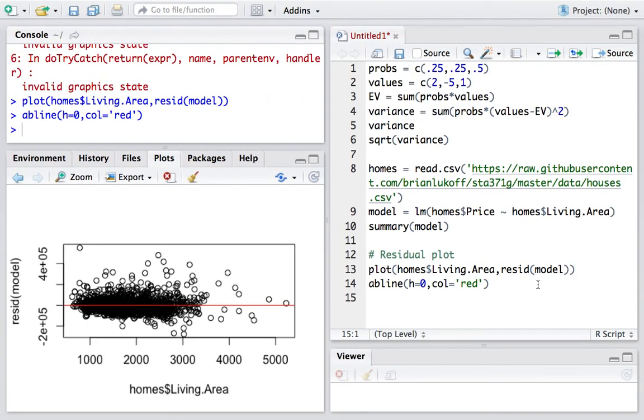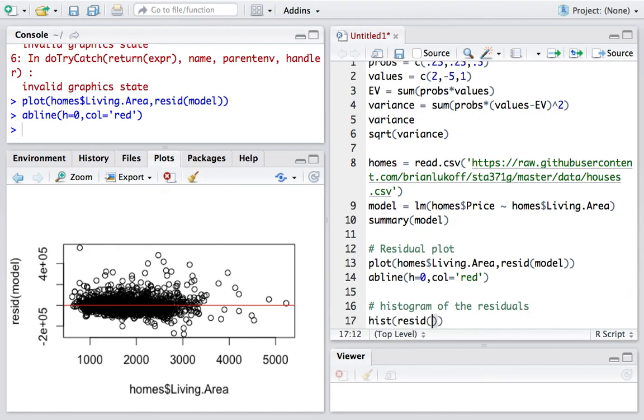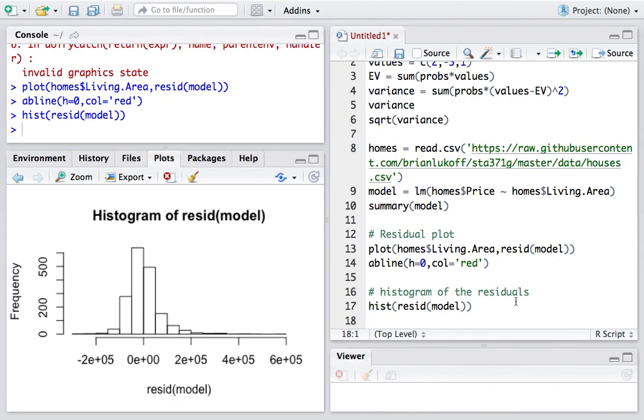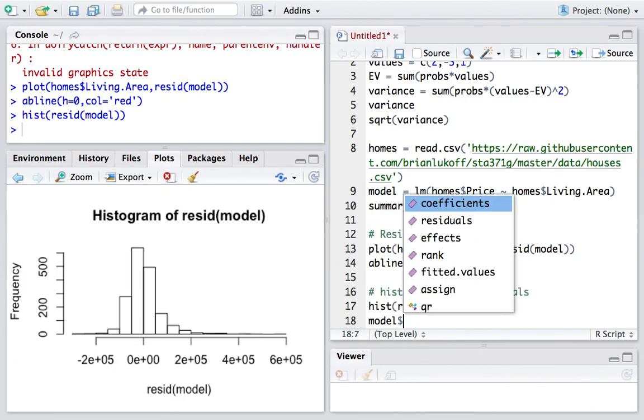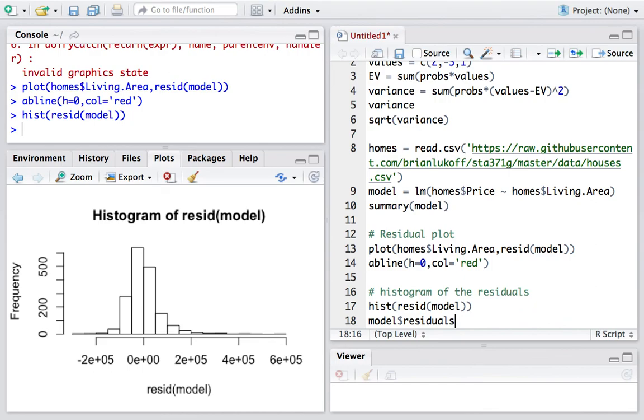I will show you how to do these other plots in R real quick. Note that you can also just use the $ if you're more comfortable with that. Model $ residuals also gives you the residuals.